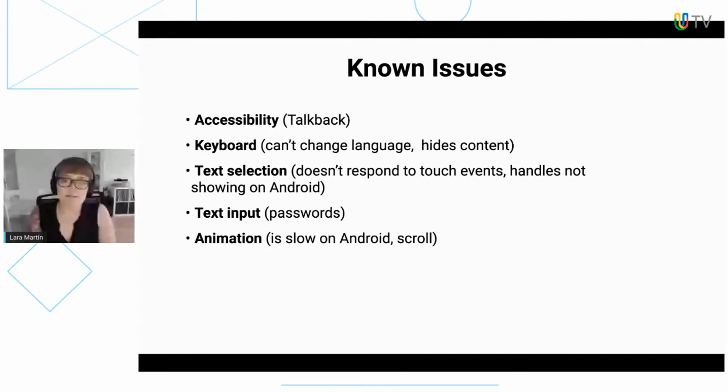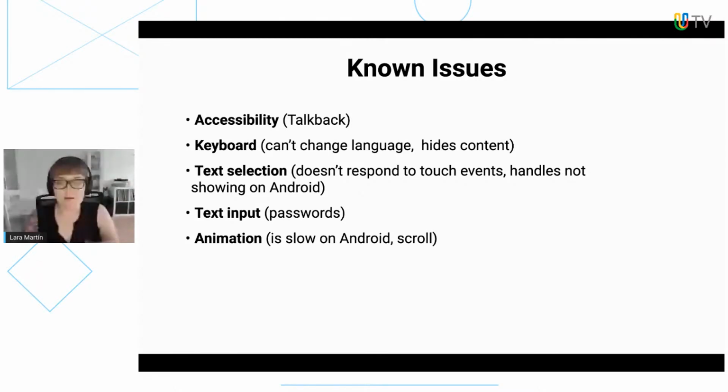Text selection is also not working properly. For example, if you select some text on Android in an input field, it does not show you the handles that allow you to copy, paste, and select things. Yeah, animations are also sluggish.